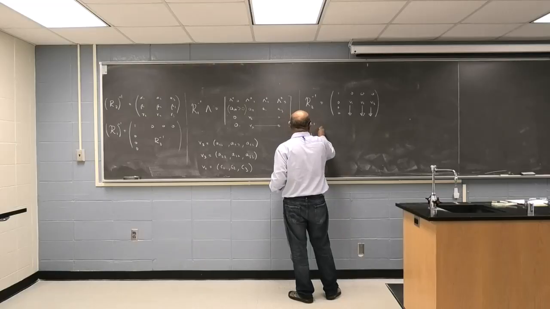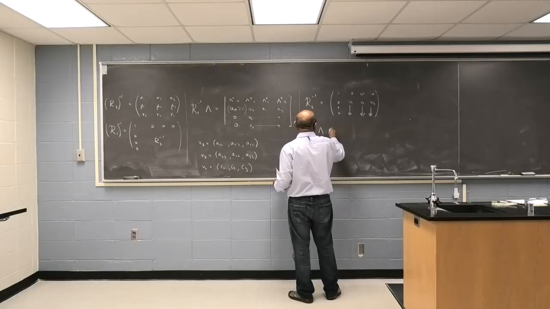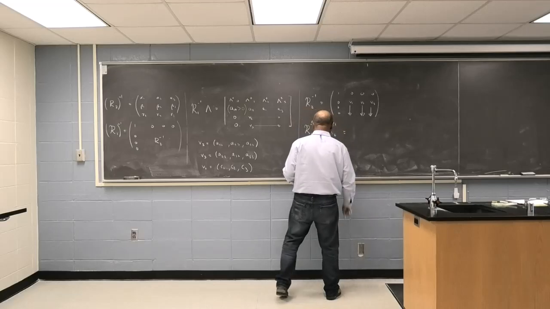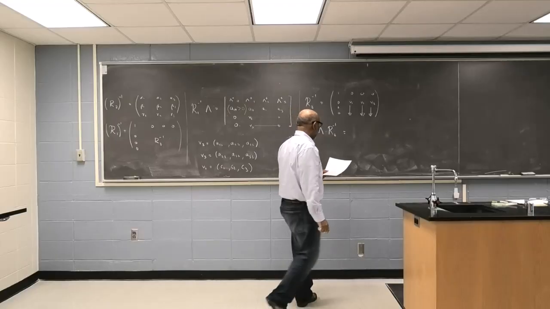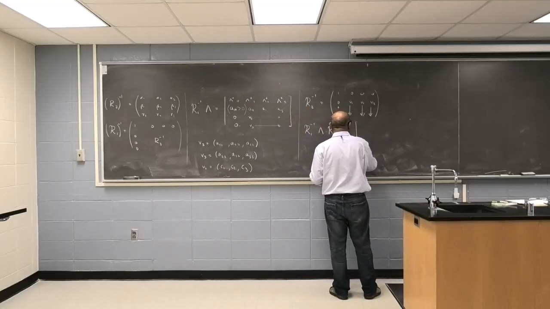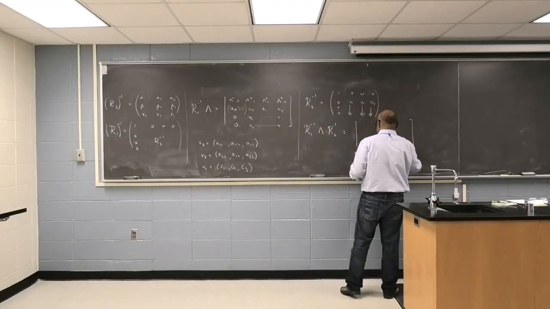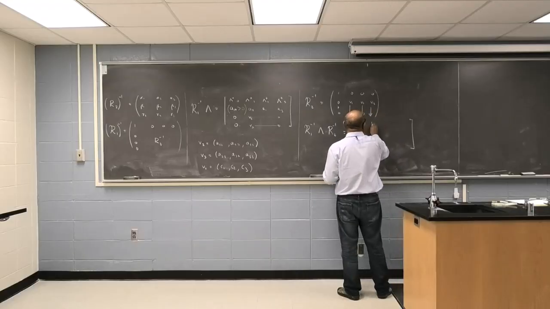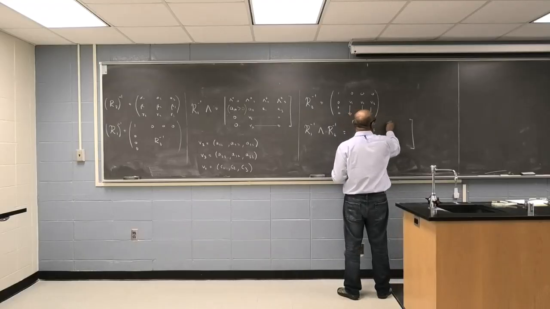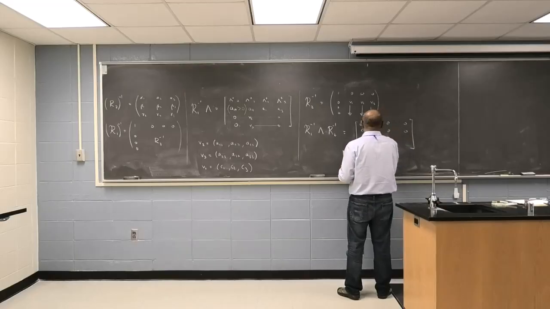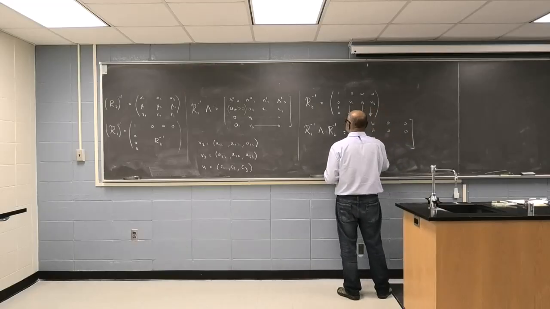Number 1 inverse, lambda I already did. Now I'm going to multiply by this side. And when I do, I get, is that last R script too? Script, thank you.